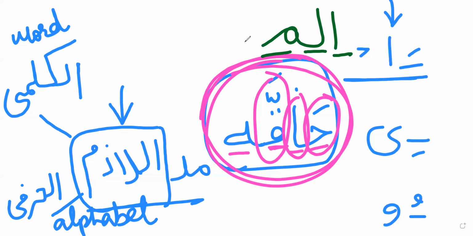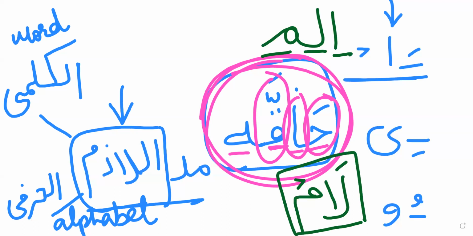We read it as Alif, Lam, and Mim. So now this Lam is going to be read as Lam, Alif, Mim, Sukoon. Lam, Fatha, Alif, and Mim, Sukoon. Now, although it's a word, actually it's the name of an alphabet. So it's an alphabet and a word at the same time.